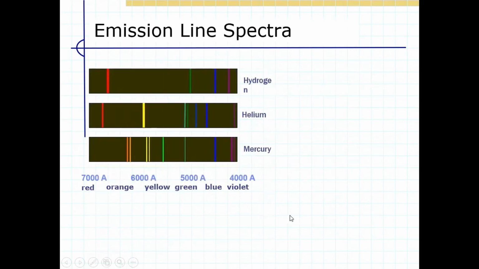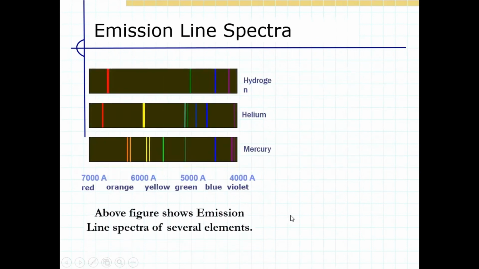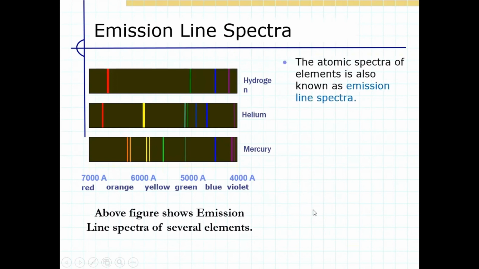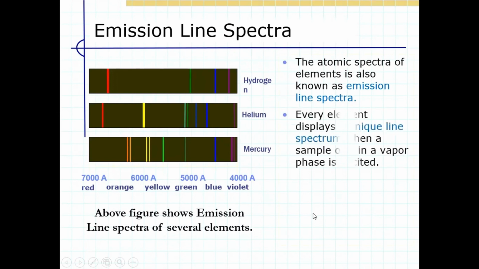And we had the emission line spectrum. These figures were showing the emission line spectrum, a spectrum which is basically due to the emission of light in the visible region. Every element was displaying a unique spectrum, and this vapor phase excitation was giving rise to these.